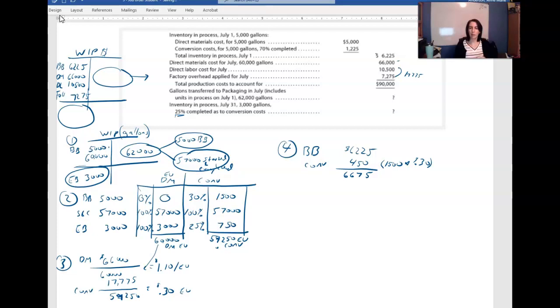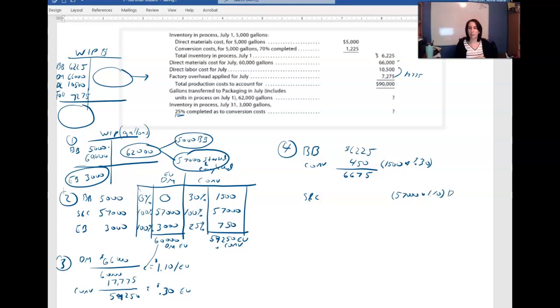Okay, so now we look at our second category, our started and completed. Well, they needed everything, right? So we're saying they needed 57,000 equivalent units at a rate of $1.10 for direct materials. Let's do that a little differently. I want to do the math on the side for you here. 57,000 equivalent units times $1.10.